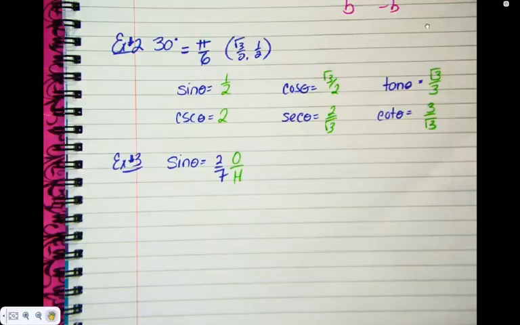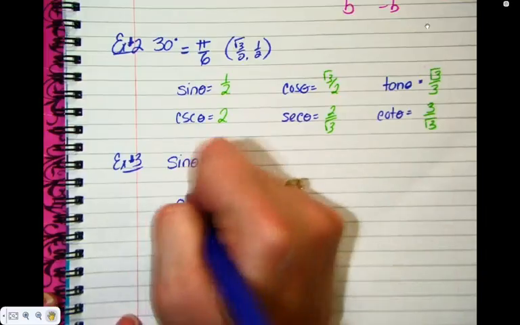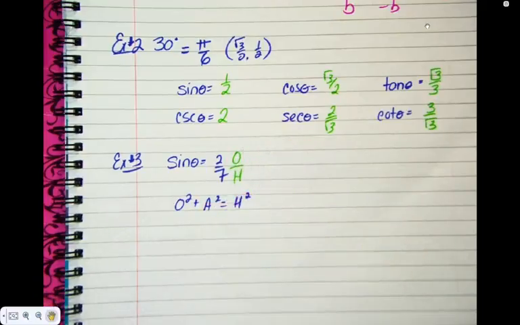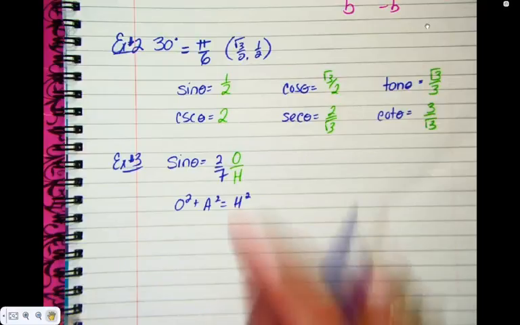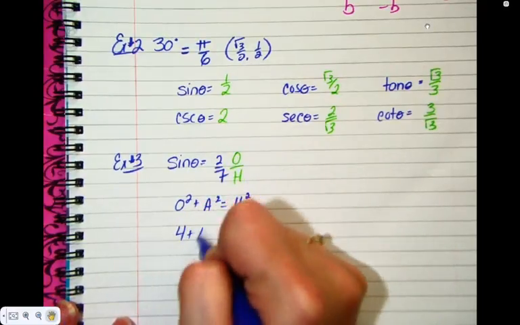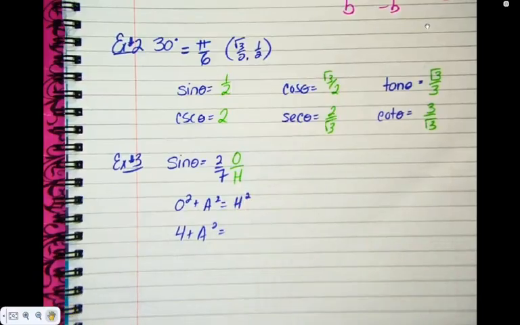Four. We have to find the missing side, so we know that O squared plus A squared equals H squared. Let's do a little bit of mental math here. Let's go straight to 2 squared is. A squared we don't know. 7 squared.